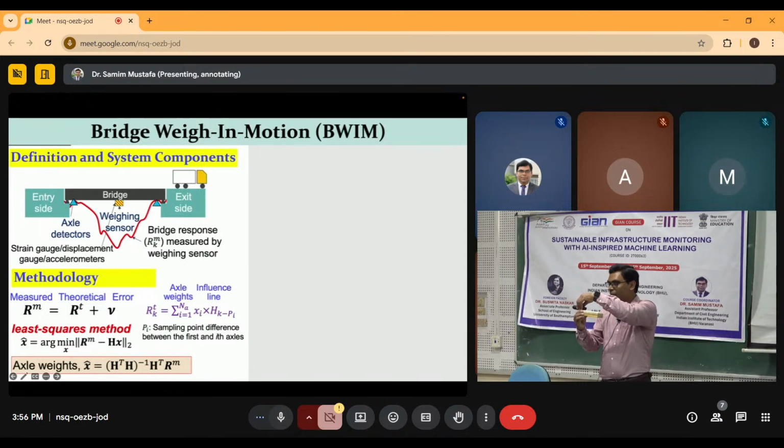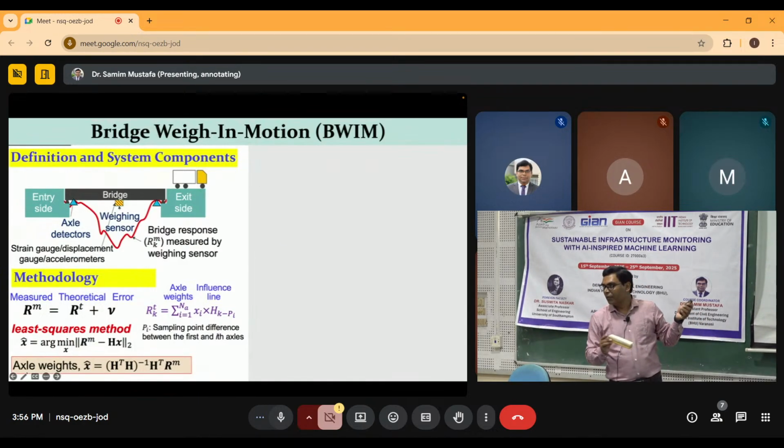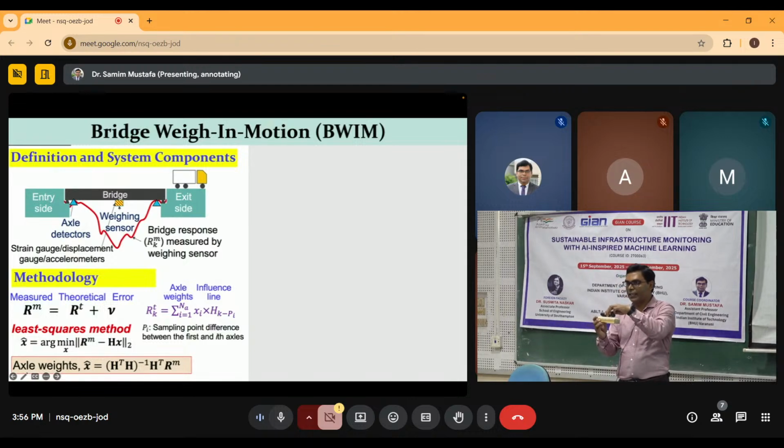At this moment, the bridge is subject to only one axle, so the response due to this will be slightly over here, this response. Then it moves gradually, and there is the entry of the second axle. At that moment, both axles are on the bridge. Then the third axle enters, and at that moment all the axles are on the bridge. That has to be mathematically modeled.